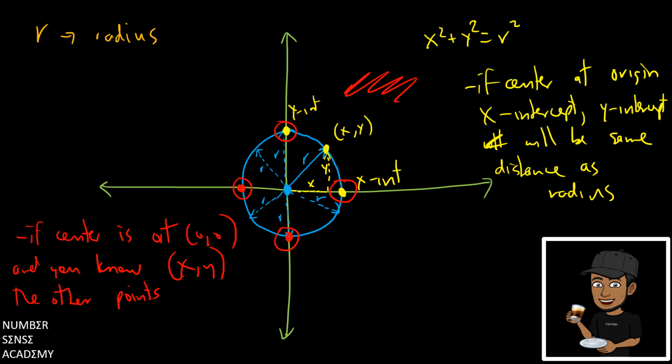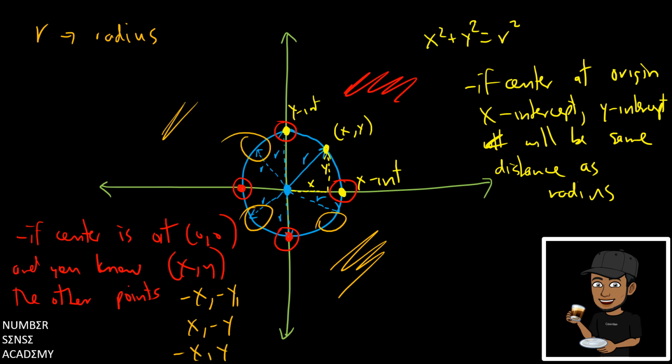You're going to have negative x, negative y, so it'll be somewhere in here. You're going to have x, negative y, so it'll be somewhere in here. So in this quadrant, then you'll have negative x, y, so that'll be somewhere in this part of this quadrant. And of course, x, y is in this part of the quadrant. So that's just to help you graph, to make things easier.